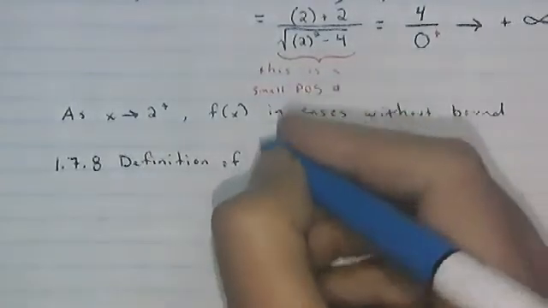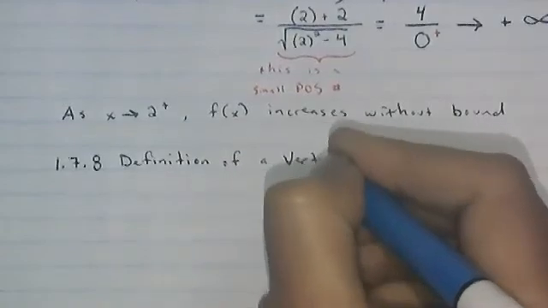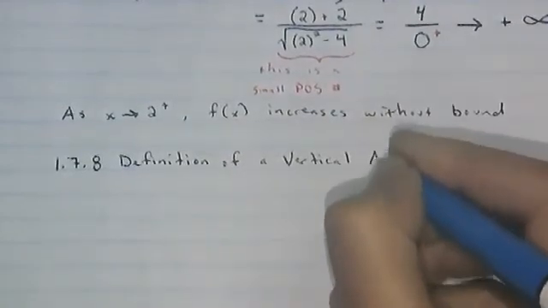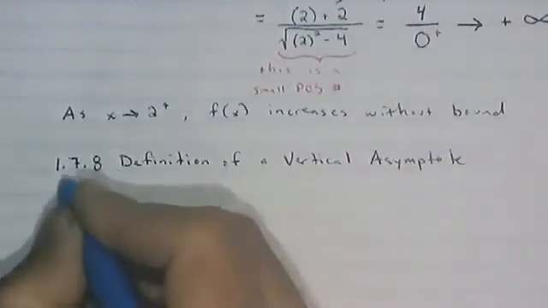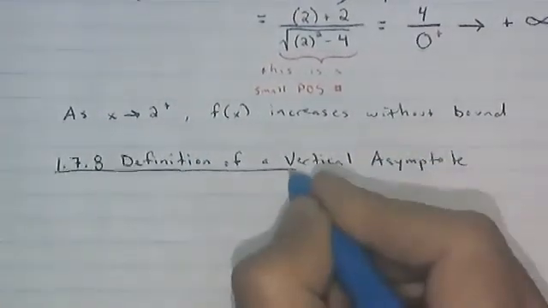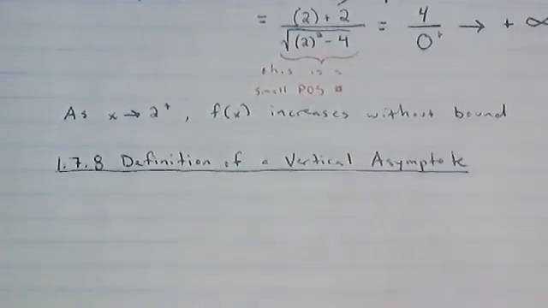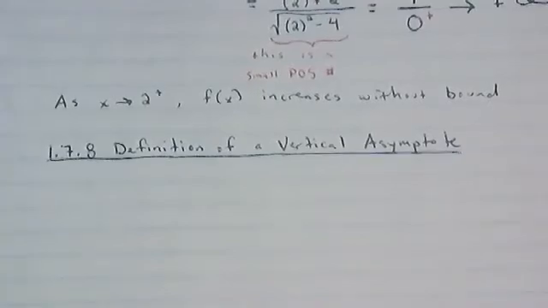1.7.8, definition of a vertical asymptote. Basically the poor man's version of this is if you've got an infinite limit as you approach a number, you've got a vertical asymptote. We'll talk about horizontal asymptotes later on.